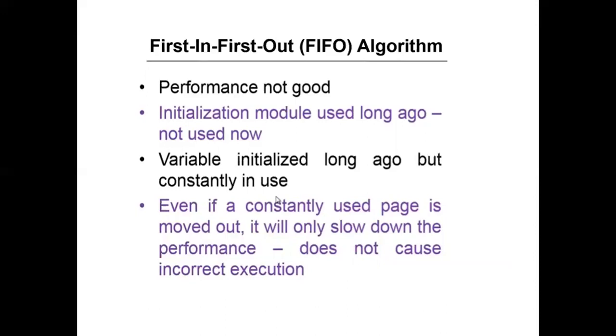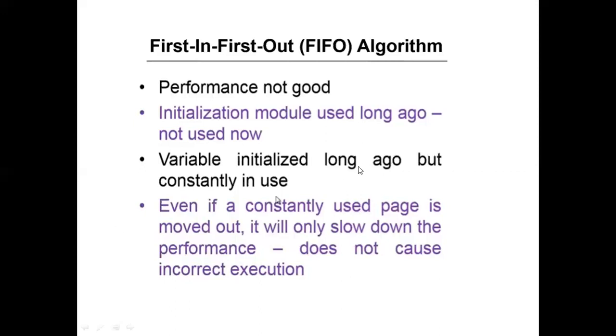If you have initialized the variables as global variables, then every time you would be using them. So if you have swapped out page 1, again when you're executing page 7, you want page 1, so you swap in, again you swap out, and again in another page you want the first page. So when you've done the initialization in one of the pages and you're trying to access that page very frequently, first in first out is not a good idea.